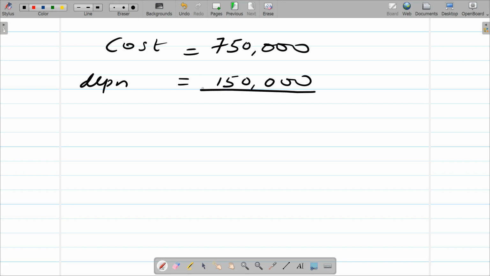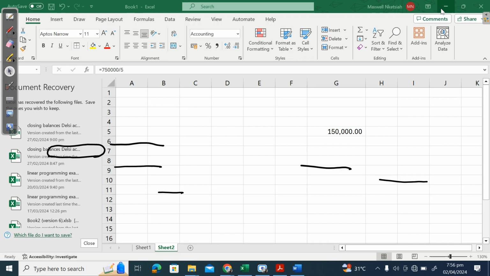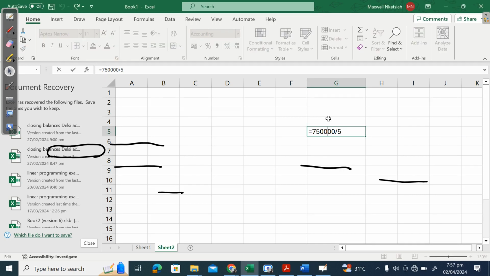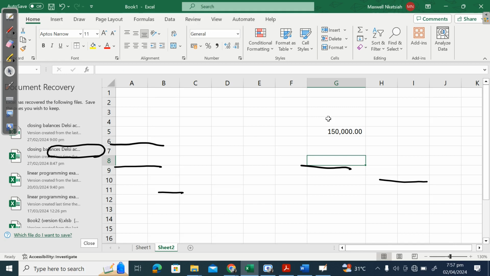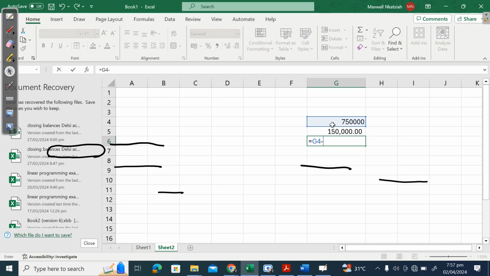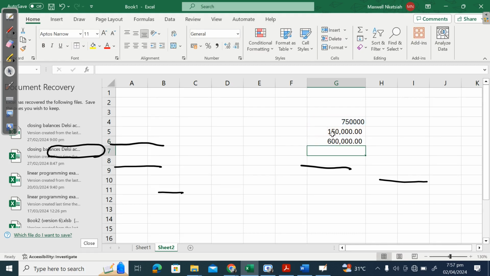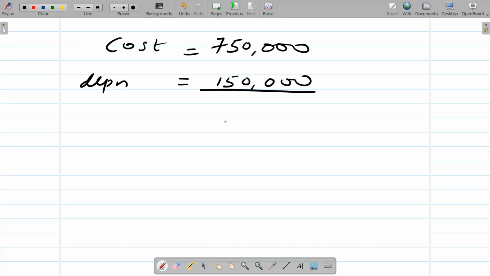So the carrying amount of the asset is going to be how much? 750,000 minus 150,000 will give us 600,000. So 600,000 is the carrying amount of the asset.